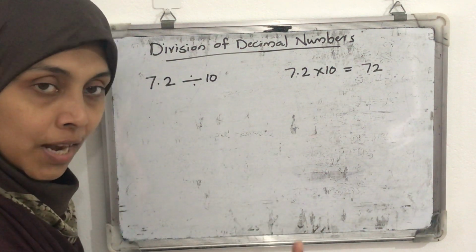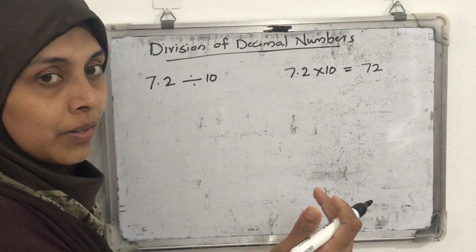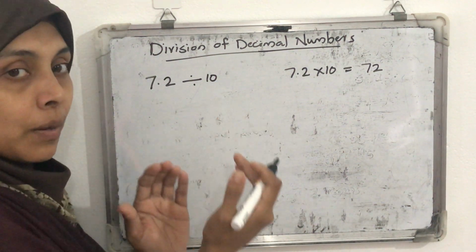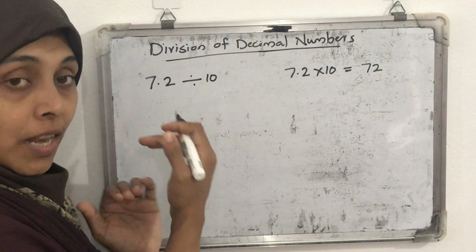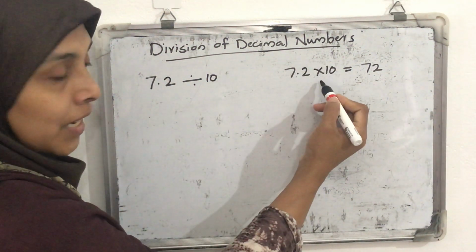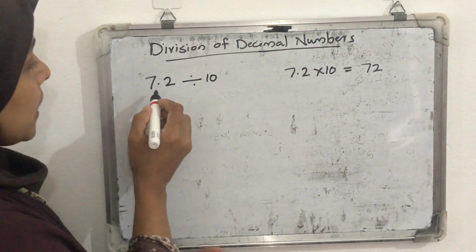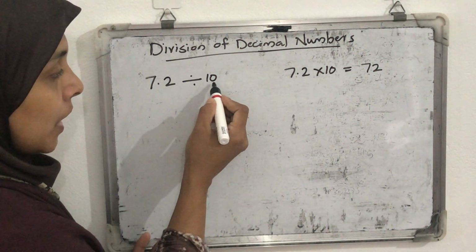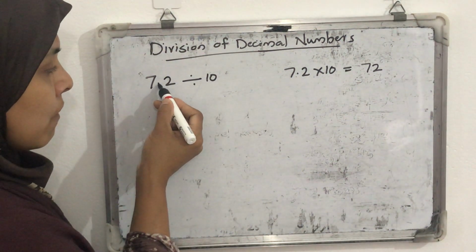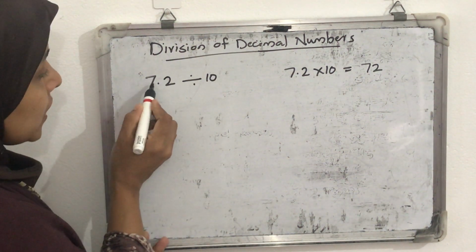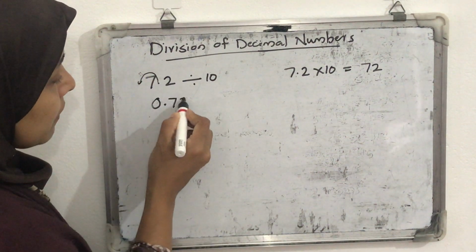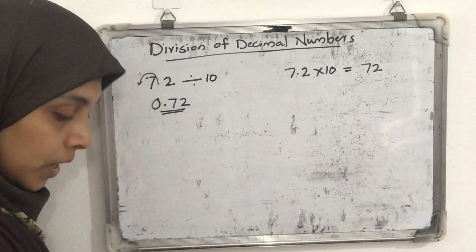When we are dividing by 10, 100 and 1000, we count the number of zeros, then shift that many places to the left in division, and to the right in multiplication. So here 7.2 divided by 10 has only 1 zero, so we shift the decimal point one place to the left. The decimal point will come here. So what will that be? 0.72.